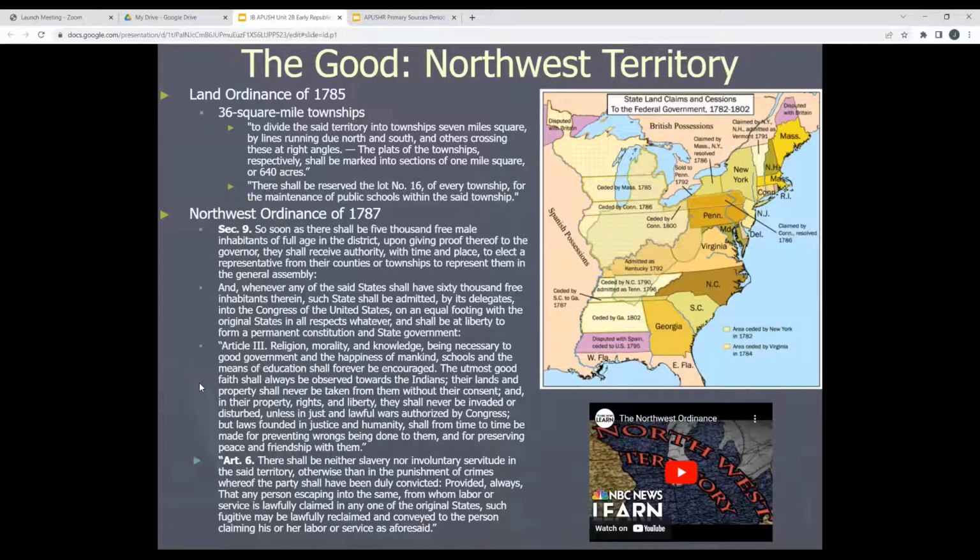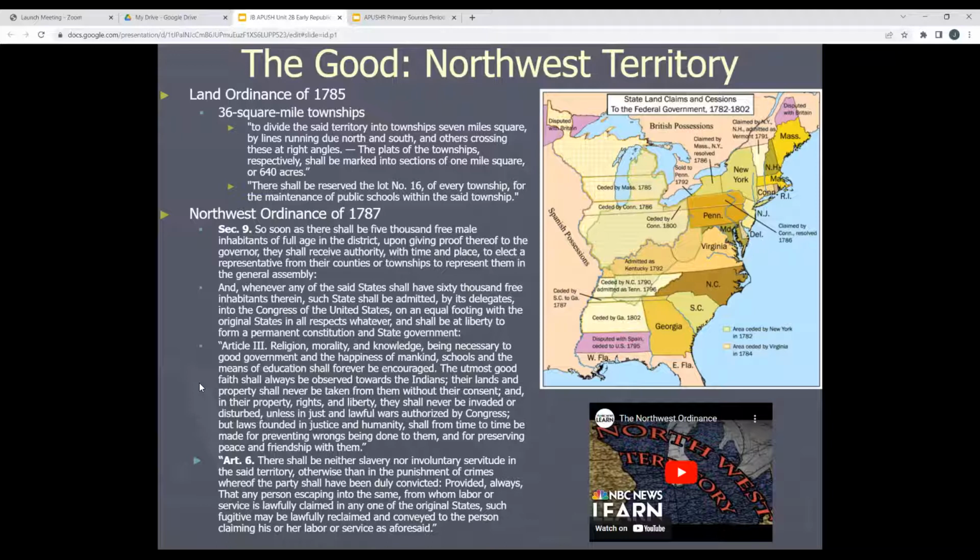Promoting public education, promoting religion. Why an emphasis on public education? We want the next generation to understand Republican principles and the ideals of the revolution. Why religion and morality? We want good, moral citizens to be fostered in this territory.